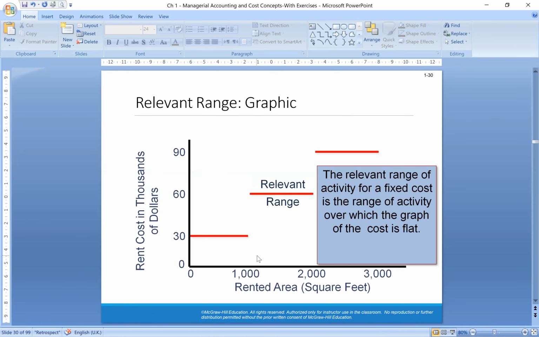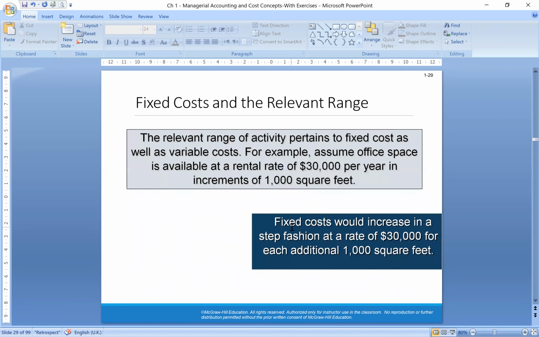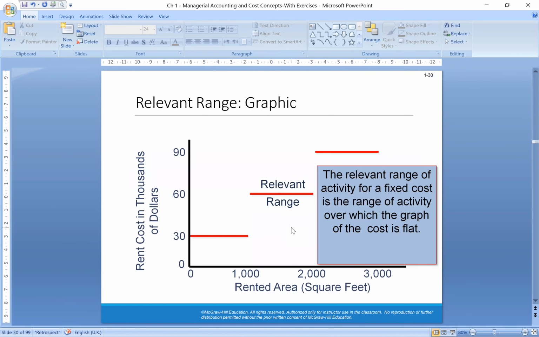So we can use up to 2,000 square feet and we are paying $60,000. If we need more square feet, then we have to jump to the $90,000, which is the third level, for an additional 1,000 square feet. This is called step fashion, or step fixed or variable. It can be both.